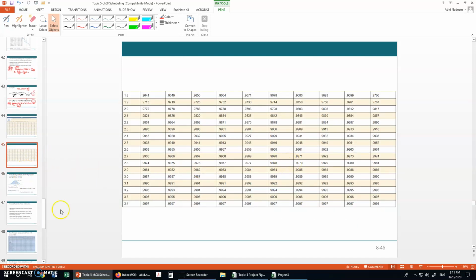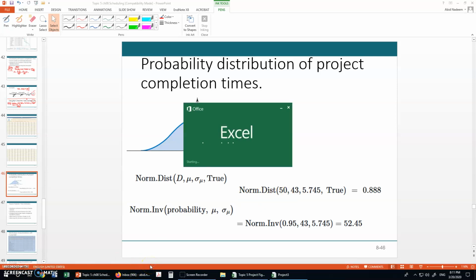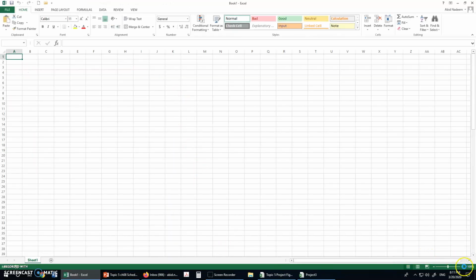For the first case, when we want to find the probability of finishing the project by the 50th day, we can use this NORM.DIST function from Microsoft Excel. So let me open Microsoft Excel over here.